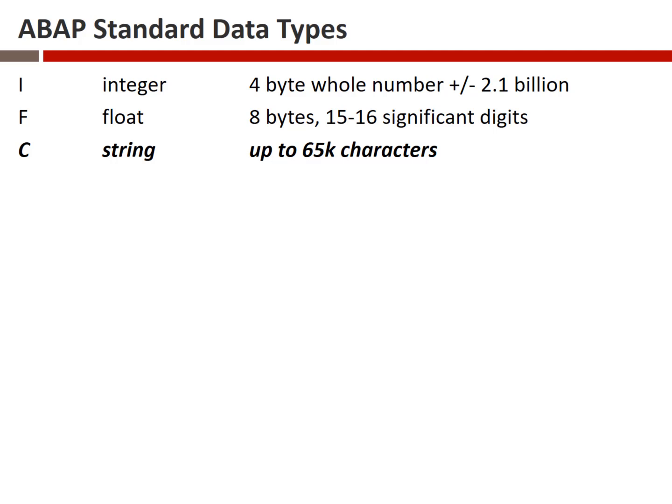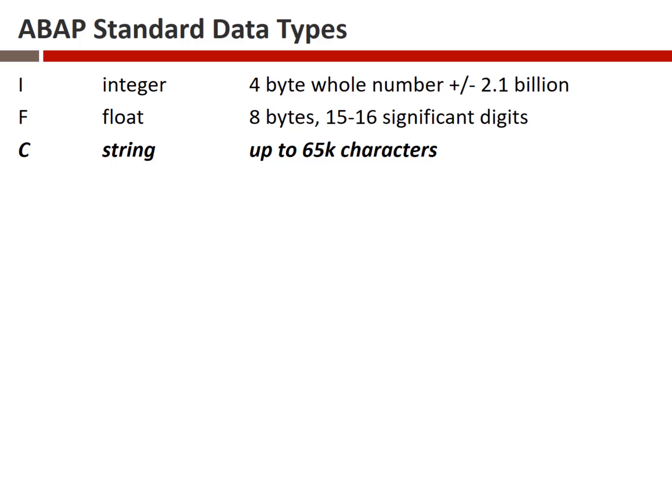This is capable of storing alphanumeric characters, and notice it can store up to 65,000 characters. Now you might say, why in the world would I need a string capable of storing 65,000 characters? Well, the idea here is this might be a small text file that you would get from some source and store that text file in a data object in your program.